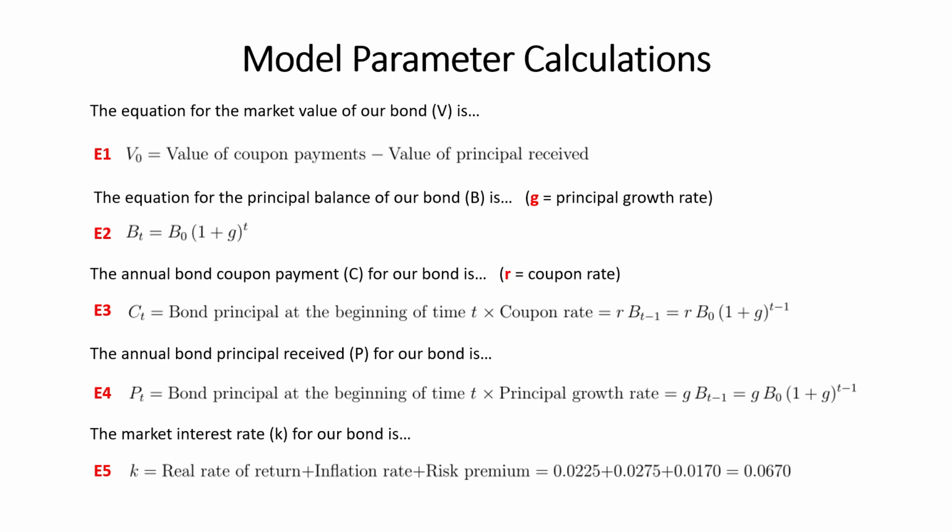Now, E4 is the principal received by the bond issuer at any time t.